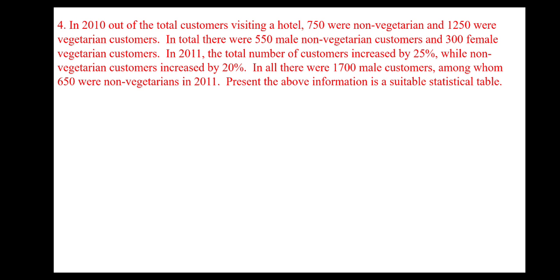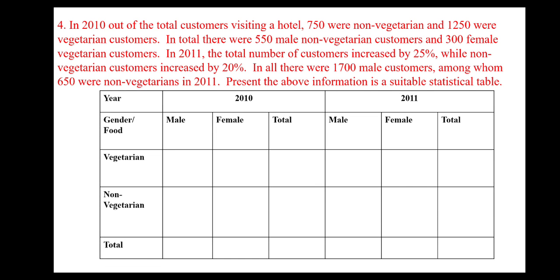Here it is given: a total, non-vegetarian, vegetarian, like that. First, look at the 2010 and 2011 columns, and then male, female, total, vegetarian, non-vegetarian. Now look at that: 750 were non-vegetarians.